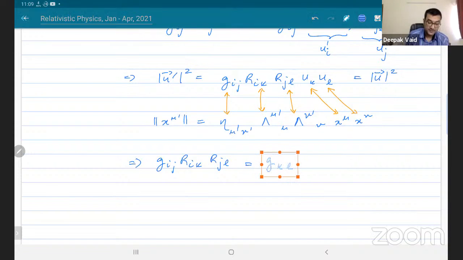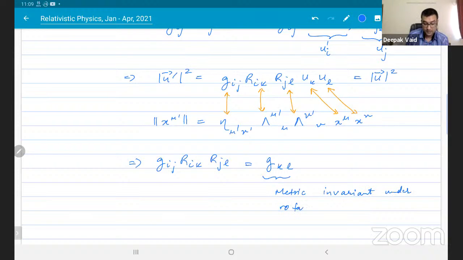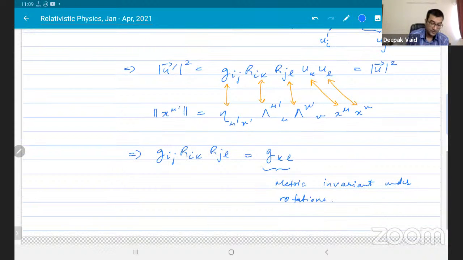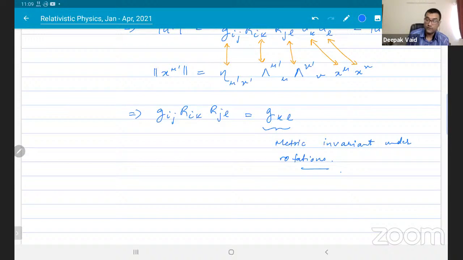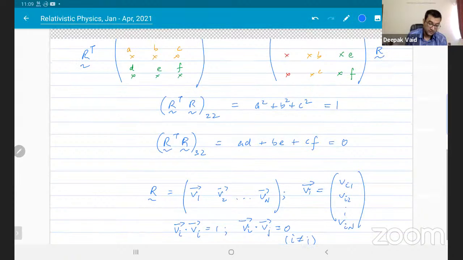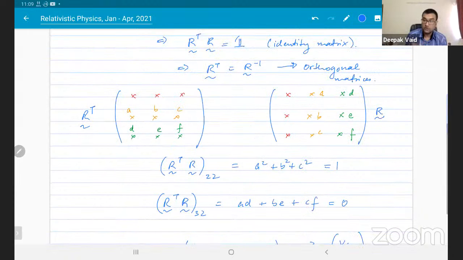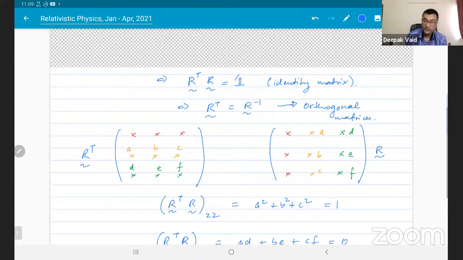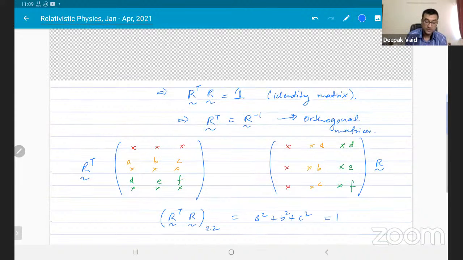So this matrix, this metric, this is called the metric. This should be invariant under rotations. So in particular, if you are working with Cartesian coordinates, then you will get the result that your matrix R will be orthogonal. That orthogonality is not obvious if you are working with spherical coordinates.